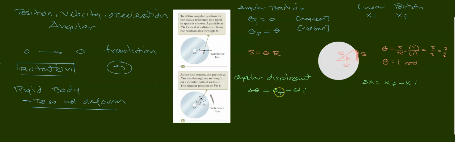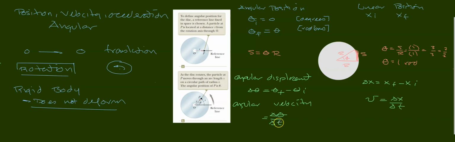I am going to define something called angular velocity. Remember velocity was delta x over delta t. So I am going to define delta theta over delta t as the angular velocity.